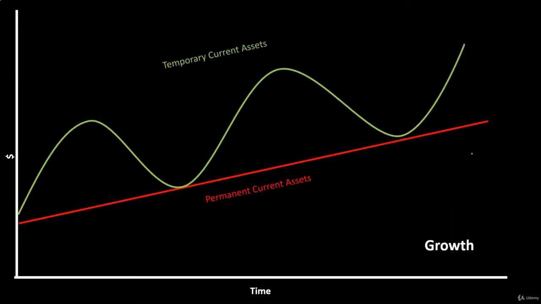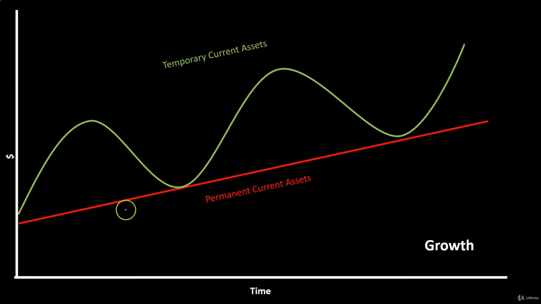Now, if there's an increasing period, then you might expect the permanent current assets to be increasing. So you might have a seasonal business which is also growing, meaning the sales are going up year over year. So if the sales are constantly increasing each month, even though you still have the seasonal fluctuation within the year, you would expect the permanent current assets to steadily be increasing as your sales for each month steadily increase.